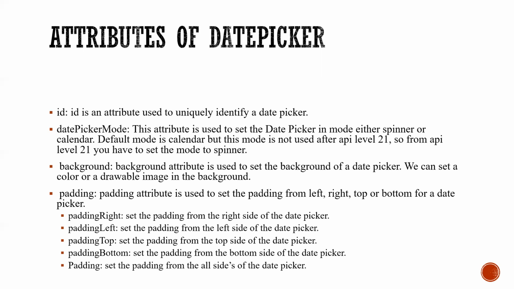Firstly, what is padding right? It sets the padding from the right side of a DatePicker. Padding left sets the padding from the left side of the DatePicker, and similarly for padding top and padding bottom. What is padding? It sets the padding from all sides of the DatePicker. We can set all the right, left, top, bottom padding simply using the padding attribute.